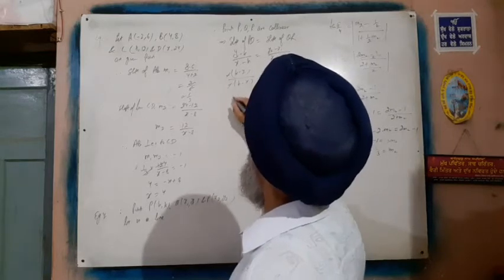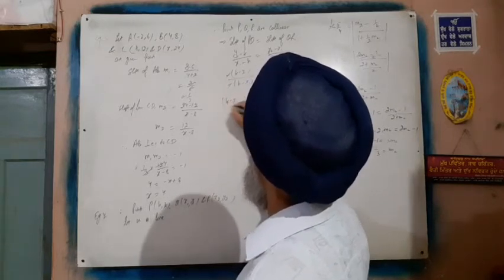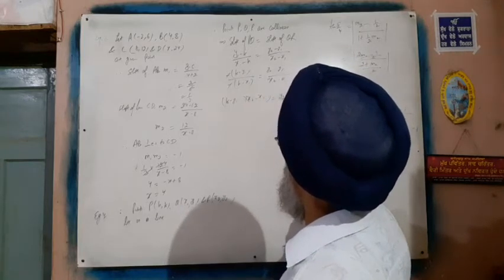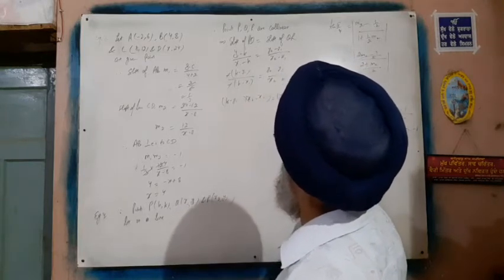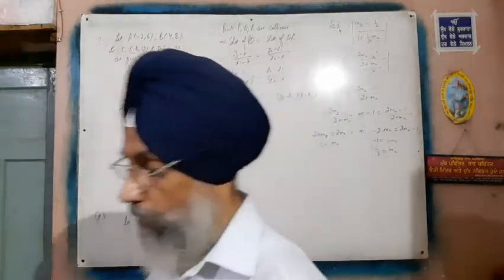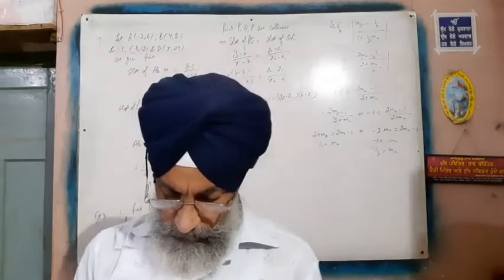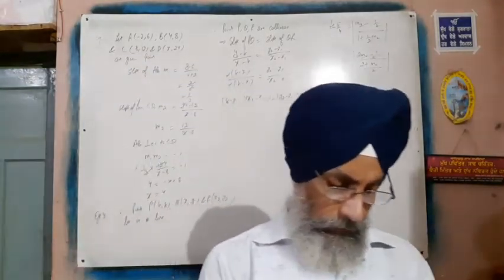Cross multiplying, we get k minus y1 into x2 minus x1 equals y2 minus y1 into h minus x1. Okay. Based on this, you have to do the questions in the exercise.